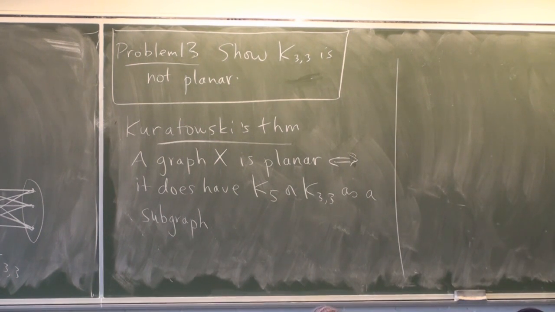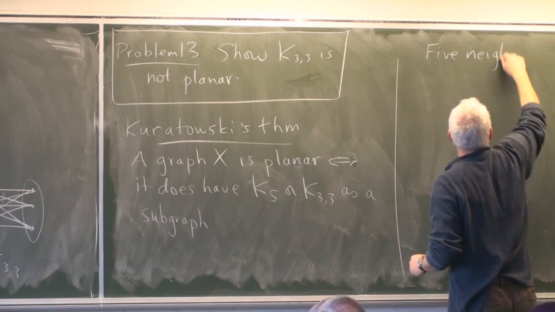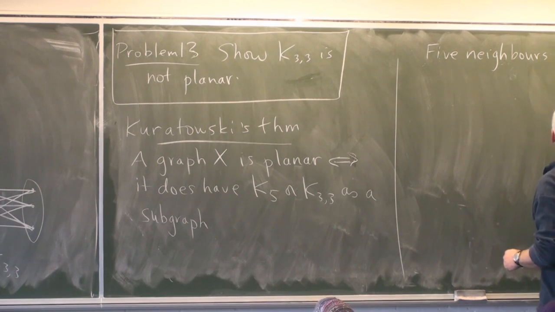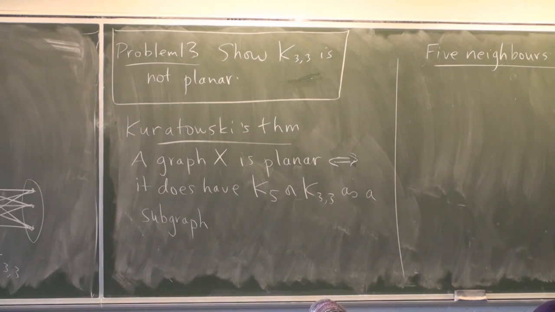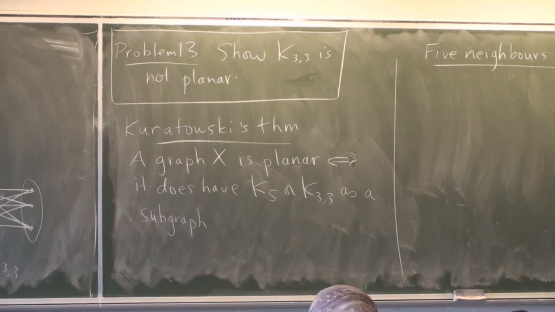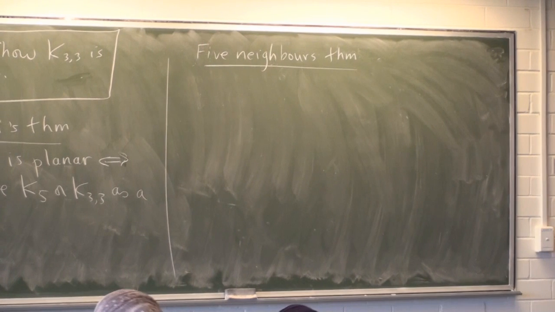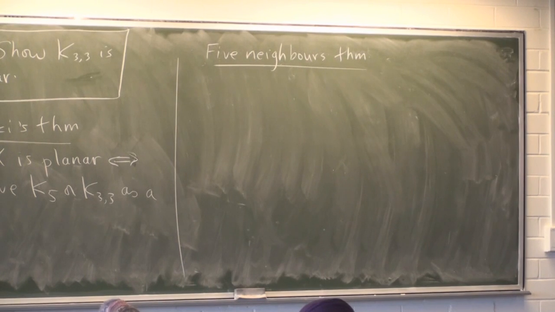Okay, so what I do want to talk a little bit about is a theorem called the 5 neighbours theorem. And this is closely connected to this famous 4-coloring problem that, well, you've probably heard about, that an arbitrary planar map can be colored with 4 colors in such a way that no 2 neighboring countries have the same color, the 4-color problem.